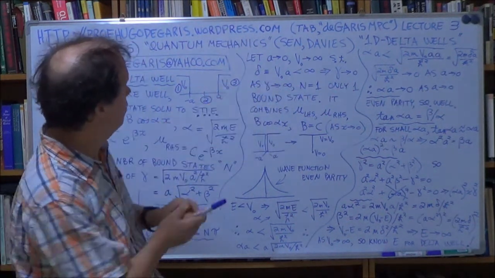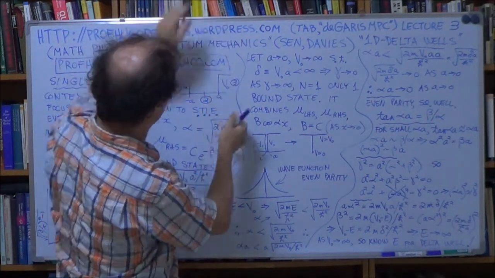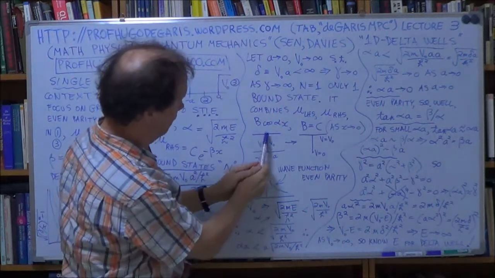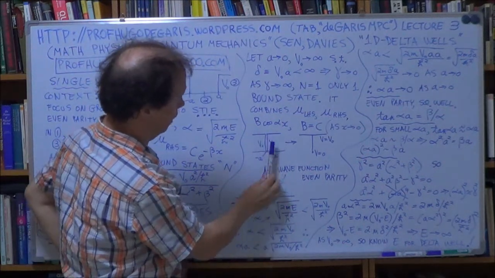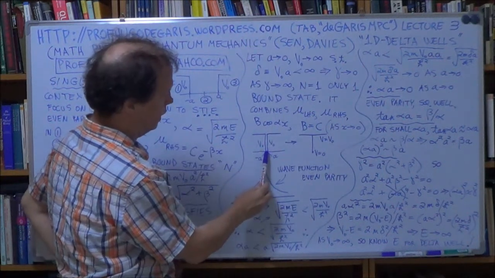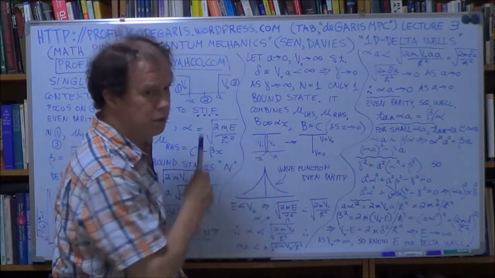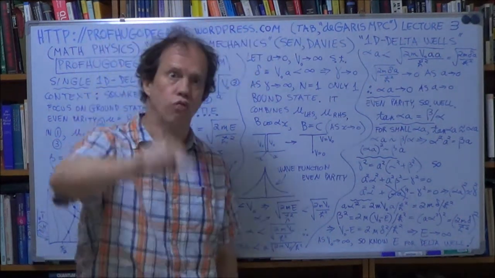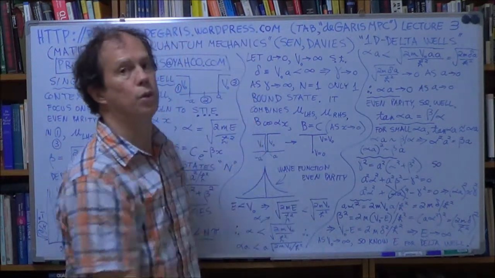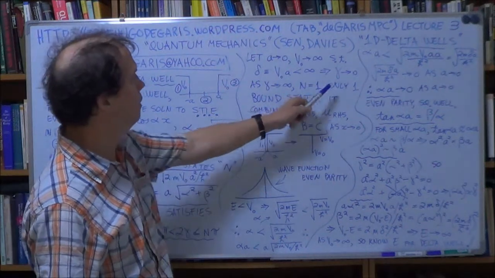So you make your well very, very tall and very, very thin, so it sort of looks like this, right? So here's your V naught getting taller and taller, and the width of your well A is getting smaller and smaller. So effectively, your well is looking like a spike, right? So such a well is called a delta well, right? So I guess that's fairly clear, right?